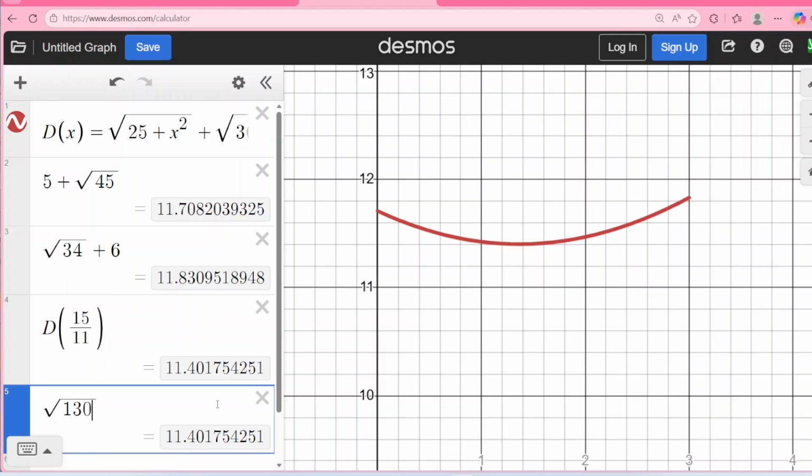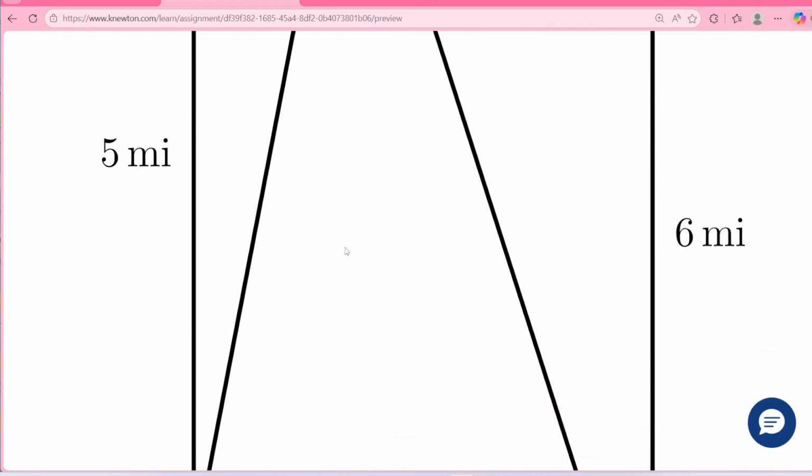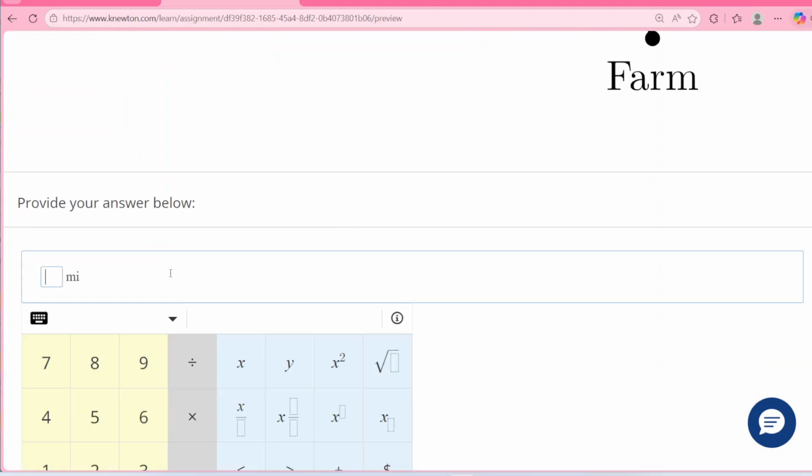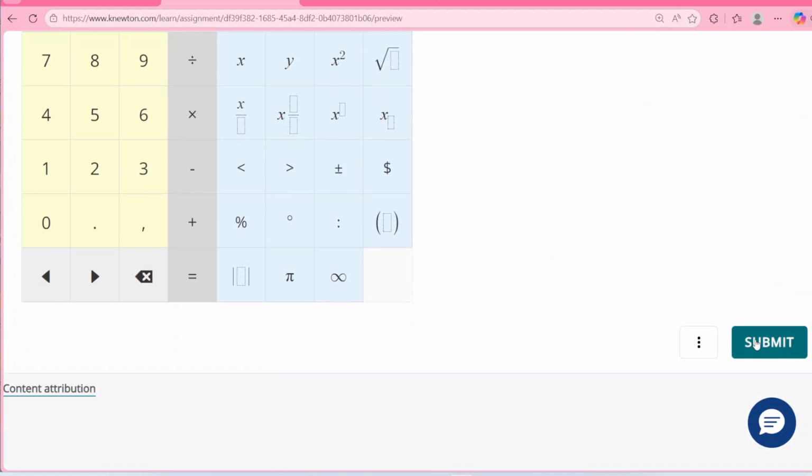If you reflected one of those points across the river and then just drew a straight line, that's your minimal distance. So I found it in a very roundabout way and got the same thing. Because I didn't punch it in, I'll put in 11.40 because it did say I could round to 2 decimal places, nearest hundredth. So the minimal distance the farmer could travel to the river and to the farm is 11.40 miles, square root of 130.